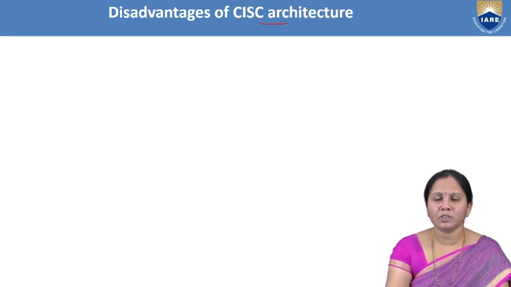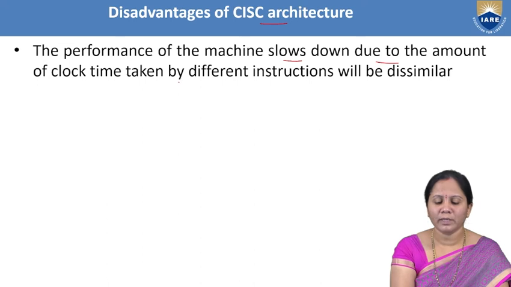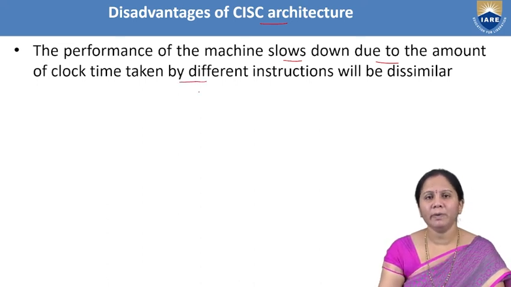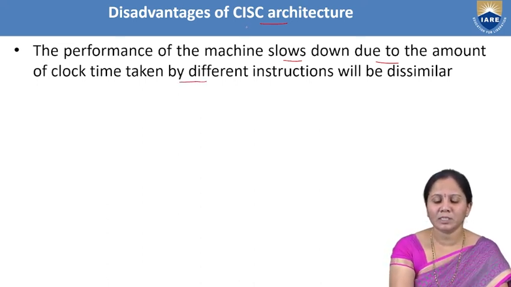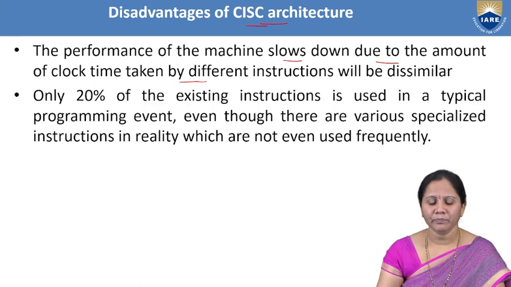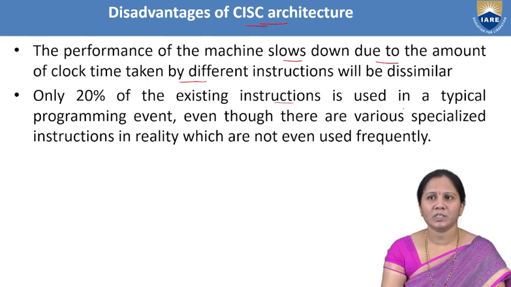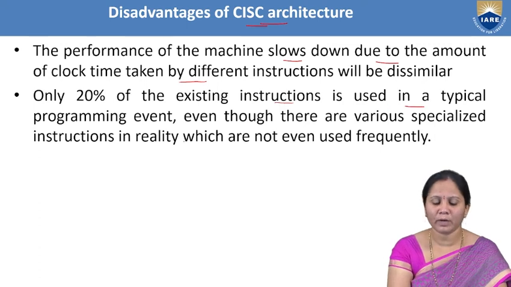Coming to the disadvantages of CISC architecture. The performance of the machine slows down because the amount of clock taken by the different instructions will be dissimilar. Why? Because in the CISC architecture, to execute any instruction, the clock cycles are not uniform. They will vary based on the instruction. Another disadvantage is that only 20% of the existing instructions will be used in a typical programming event.